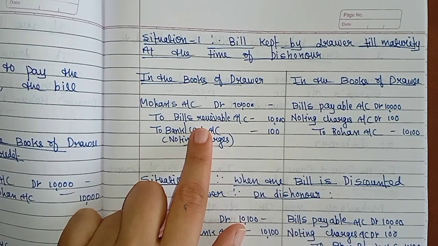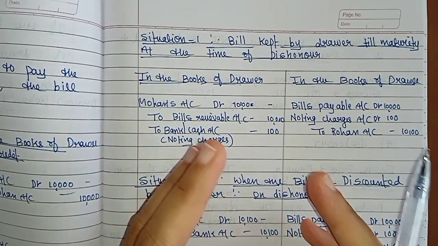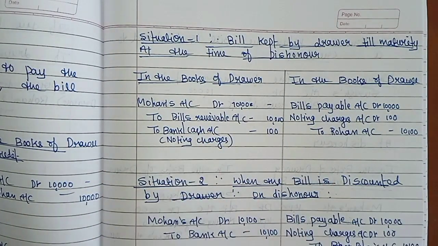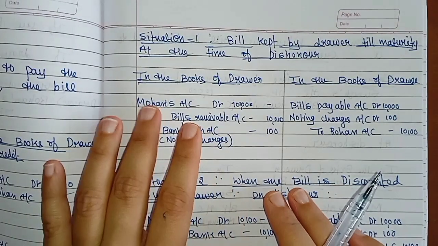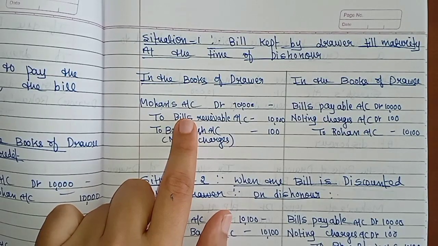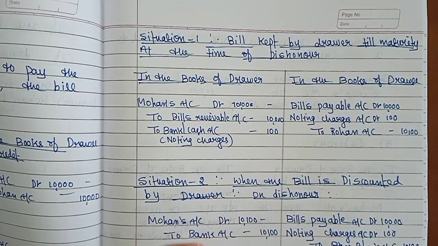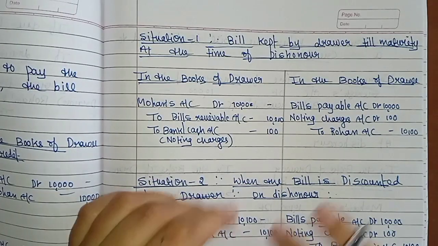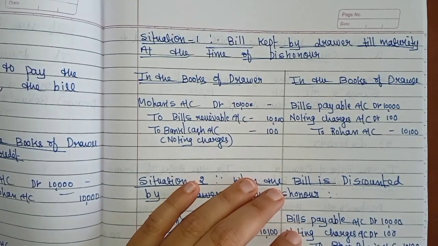So the drawer again treats the drawee as a normal debtor. It means debit the drawee's personal account, that is Mohan's account. So in simple words, the drawer removes the bill from his books and makes the drawee a debtor again.